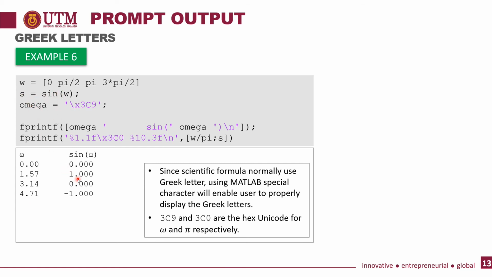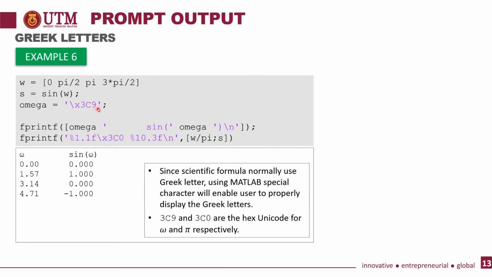As omega is a special character, we initialize the variable omega as this: the apostrophe here, and then slash x, which indicates the hexadecimal 3C9.